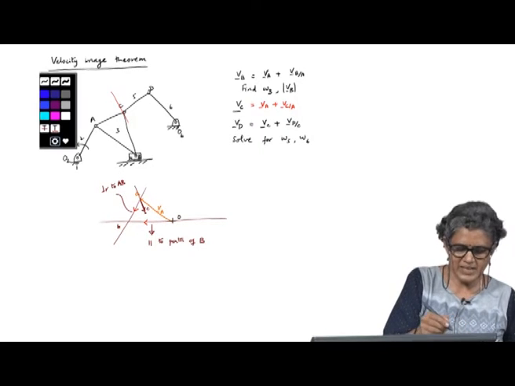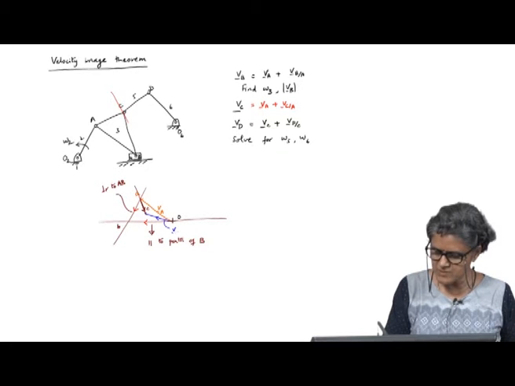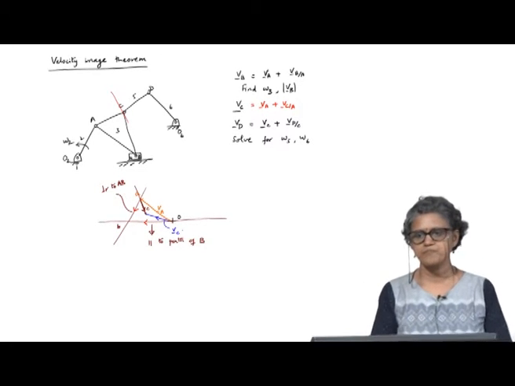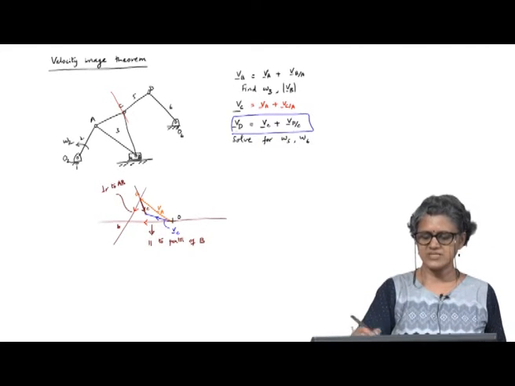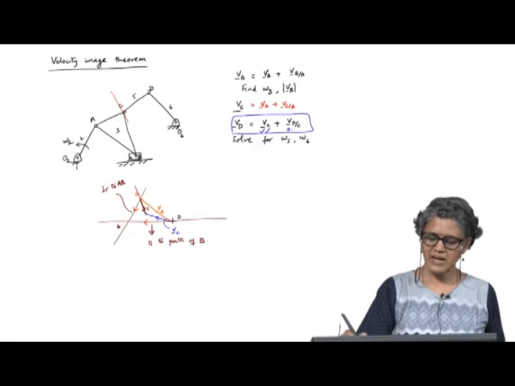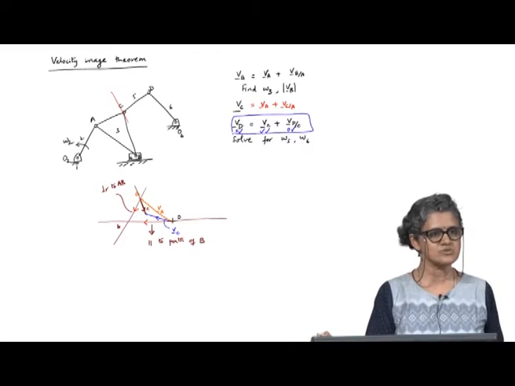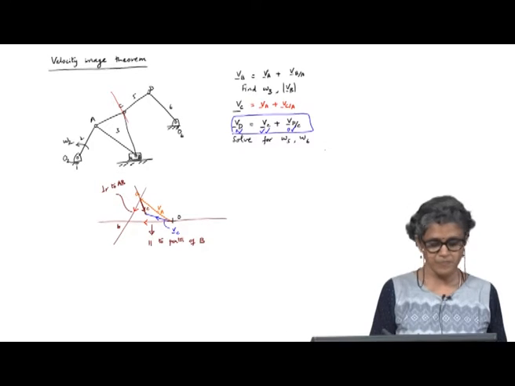So, that then gives me the absolute velocity of C. The blue one is the absolute velocity of point C, okay, which I need for the next step, because then this becomes the input which is completely known. This one magnitude is not known, direction is known, again this one magnitude is not known, direction is known. So, again I can solve for omega 5, omega 6, but VC is what I need for that.